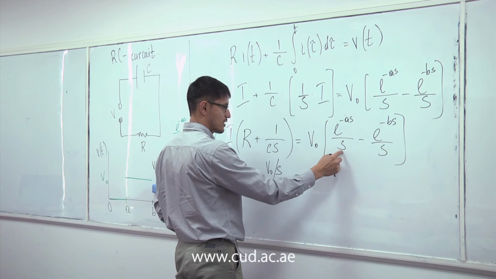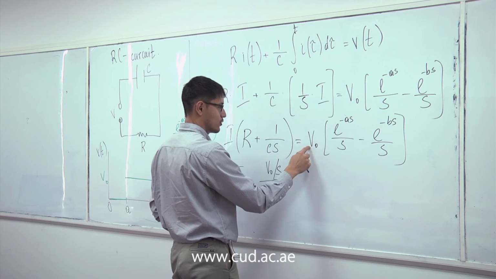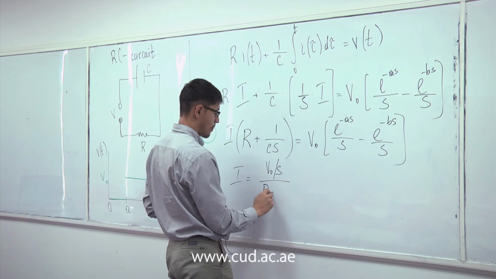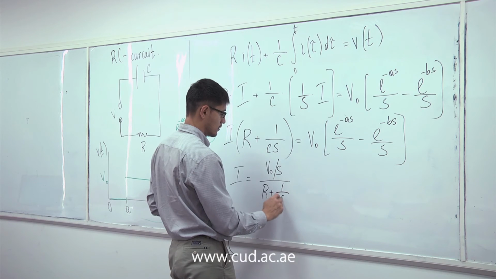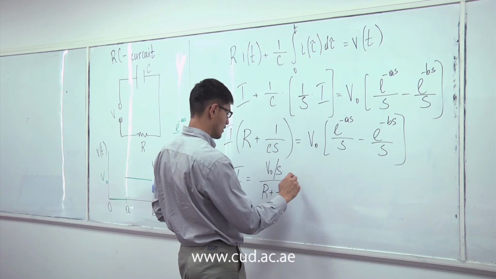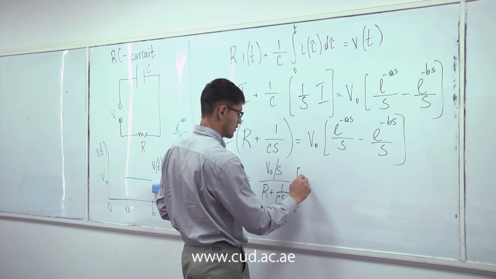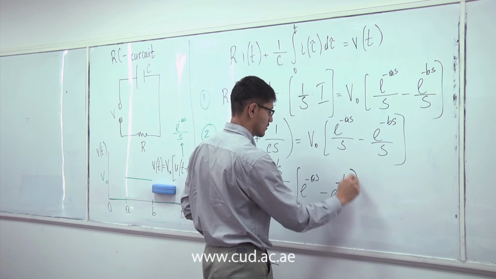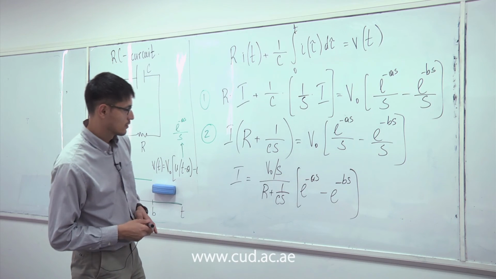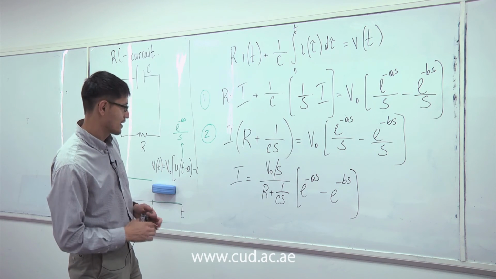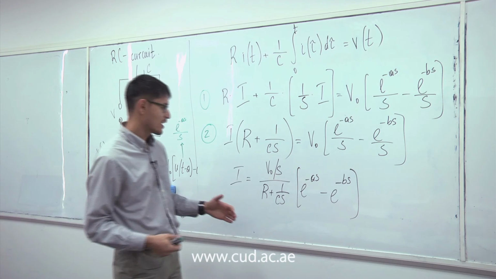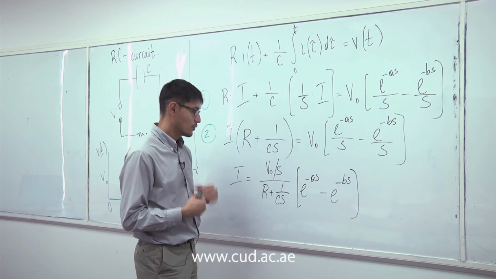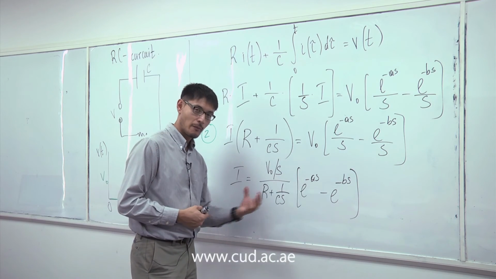Let me take out this s, and I'll have V naught divided by s divided by R plus 1 over Cs, times e to the minus as minus e to the minus bs. Okay? So that's what we have. That's our second step. And now the last step, we want to find the little i, the current, and we do that by taking the inverse transform of big I.